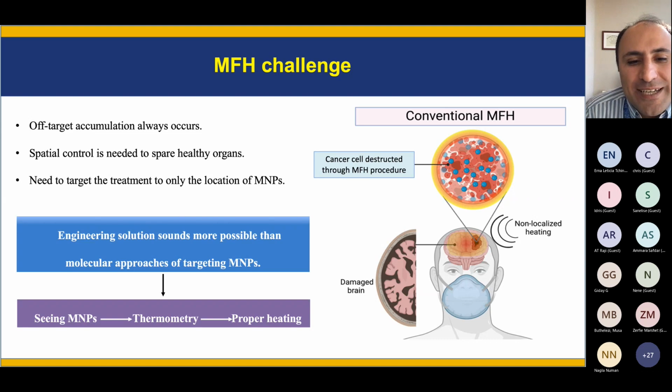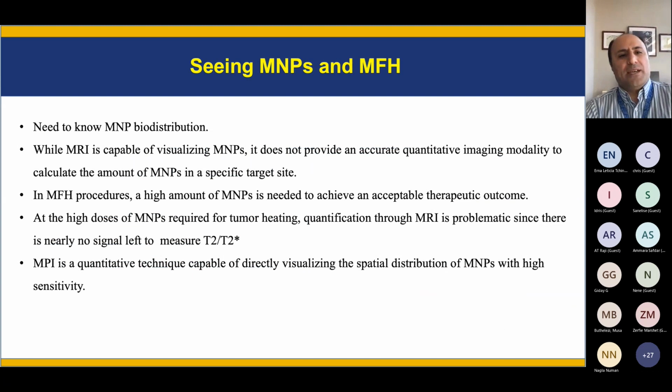Engineers can help us to develop some methods to first see the magnetic nanoparticles, and then to do thermometry, and then we can specifically do localized hyperthermia with the guidance of imaging, that I'm going to talk about maybe by the end of this talk. So the idea of the engineering solution is to first see the nanoparticles and then hit the nanoparticles.